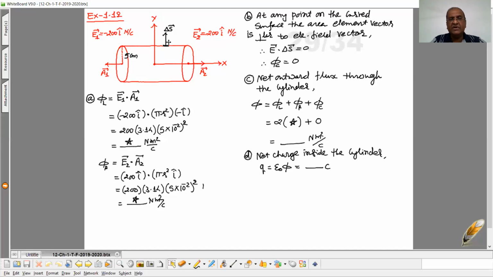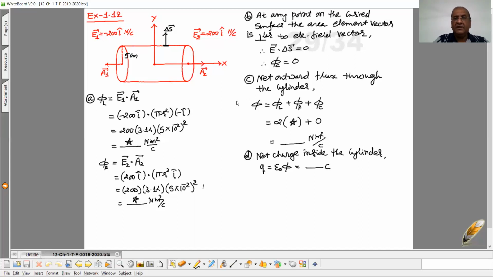Either you take this one on the right hand side, or on the left hand side, meaning on the negative x side, in both cases delta S is perpendicular to the electric field vector. Therefore, E dot delta S is 0. So the flux associated with the cylindrical surface is equal to 0, right?